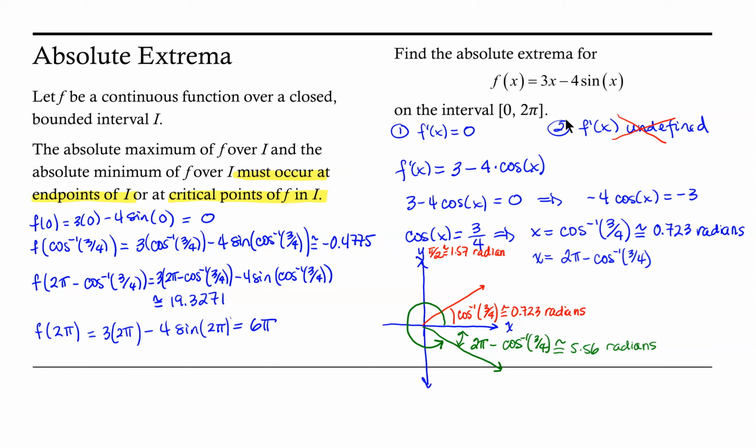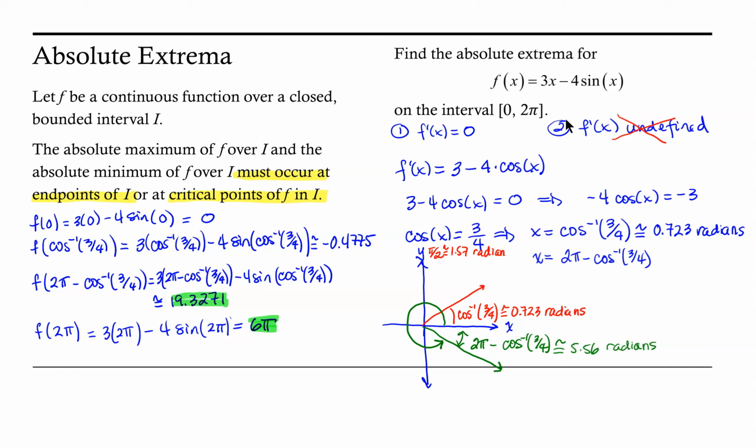As we go about identifying which of these might be our absolute maximum, we need to be a little careful. We have one output value of 19.3271 and another of 6 pi. In this form, it's difficult to tell which is largest.